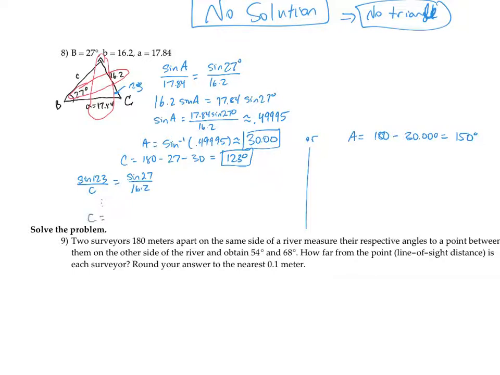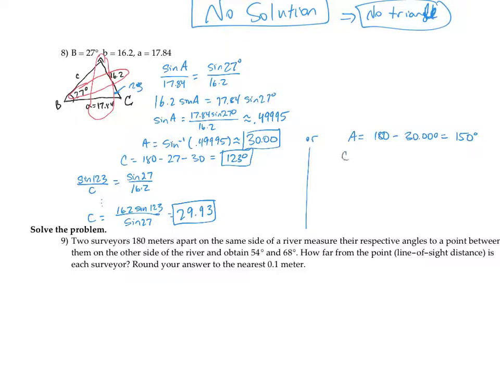Okay, so C would be 16.2 sine of 123 divided by sine of 27. 16.2, 123 sine, multiply that, 27, take the sine of that, and divide, and I get 29.93. So there's triangle 1.